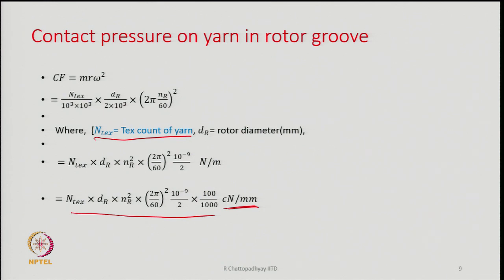What we see here is that the most important factor that affects the contact force is the speed of the rotor. If the rotor is larger, contact force will increase linearly with the diameter of the rotor. So, a bigger rotor means more force on the band of fibers, a smaller rotor means in a way less force, but at the same time you have to see the rotor speed.